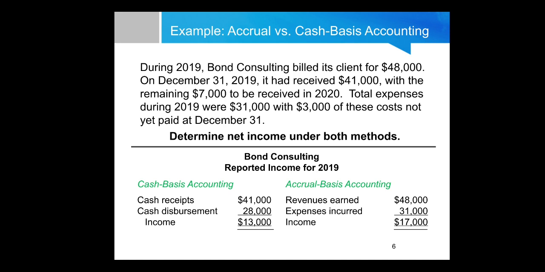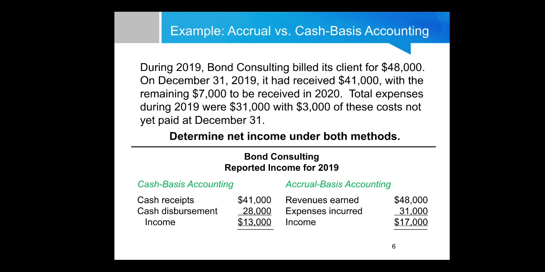In this example, total expenses during 2019 were 31,000, with 3,000 of this cost not yet paid. So how much has been paid? The amount that has been paid is 28,000, which is 31,000 minus 3,000. So according to cash basis accounting, the expenses or cash disbursement equal 28,000.